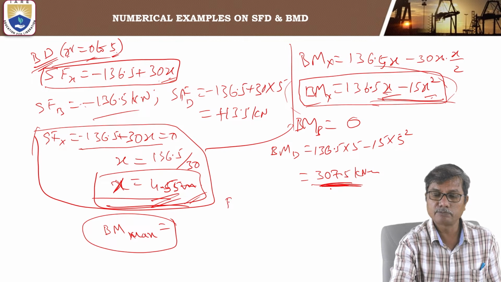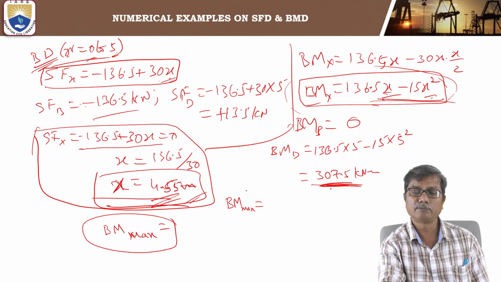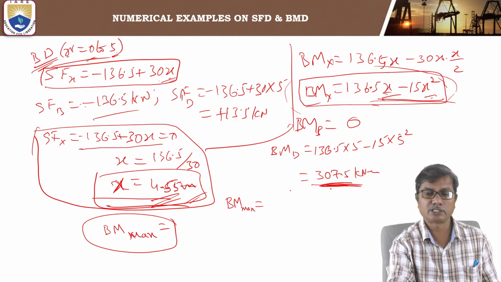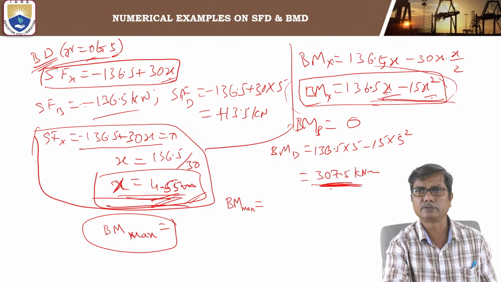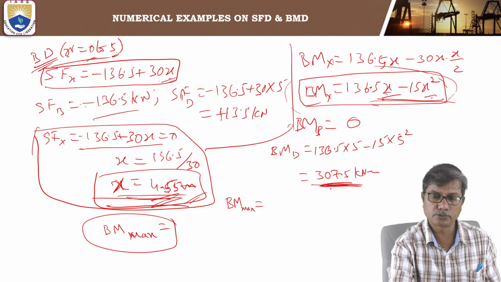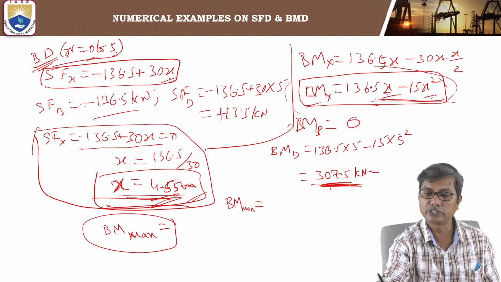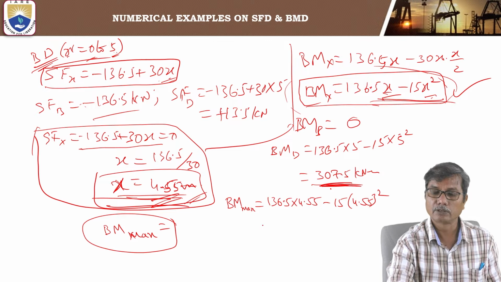Now we need to find the maximum bending moment. Between B and D, at one point you will have the maximum bending moment, and that is at x equal to 4.55, where the shear force changes sign. So substitute 4.55 in the equation of bending moment: 136.5 into 4.55 minus 15 into 4.55 squared.